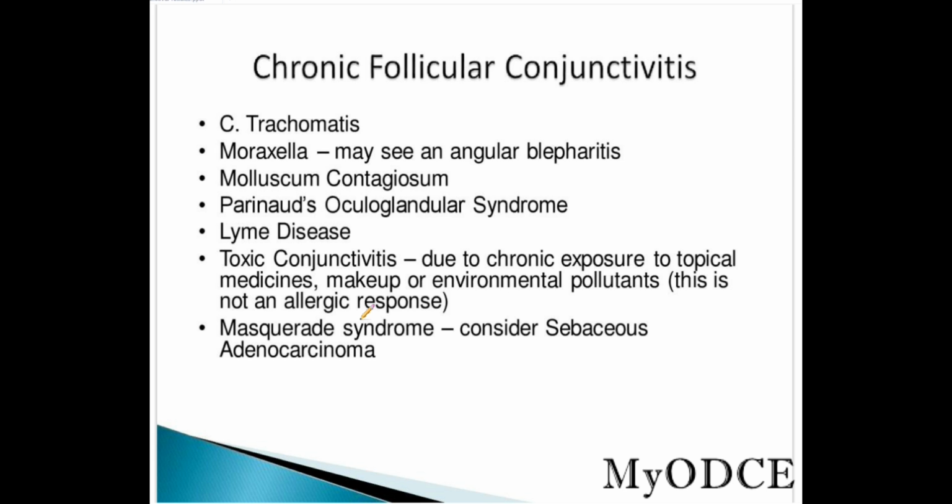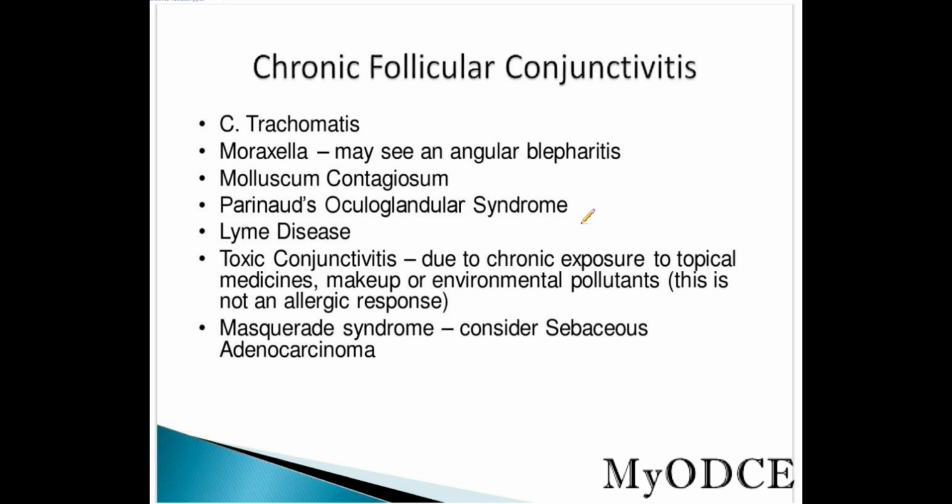So, potential causes for chronic follicular conjunctivitis, certainly Chlamydia trachomatis at the top of the list. Moraxella, you may see an angular blepharitis with that. Molluscum, as we mentioned. Parinaud's oculoglandular syndrome. Lyme disease is a big one, especially up here in the Northeast.